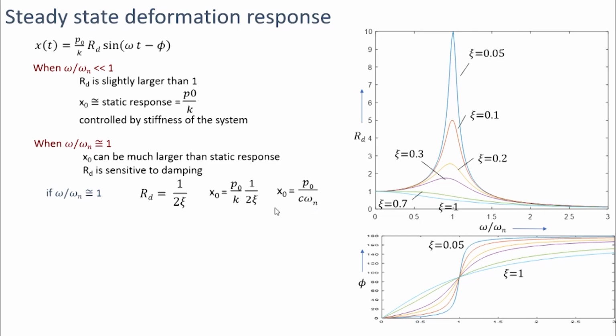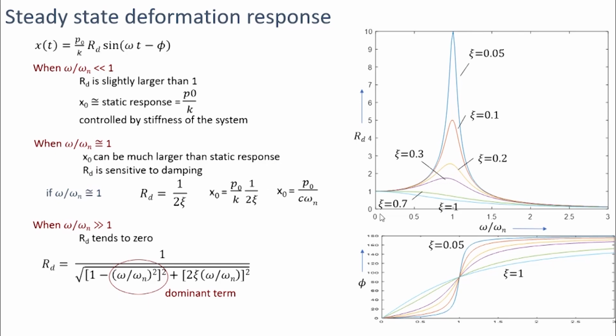As you can see in these two expressions, the amplitude will be controlled by the damping. As the damping increases, the value of x naught decreases. So for small values of damping, x naught, that is the steady state response, will be much higher than the static response. We can see the same behavior in this curve also.